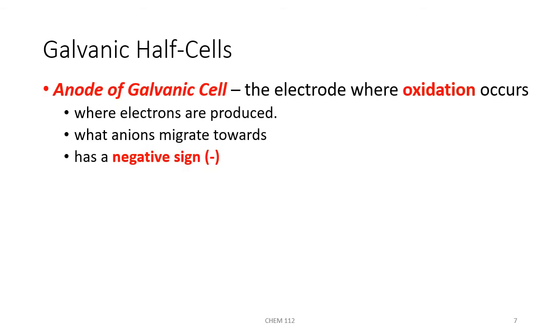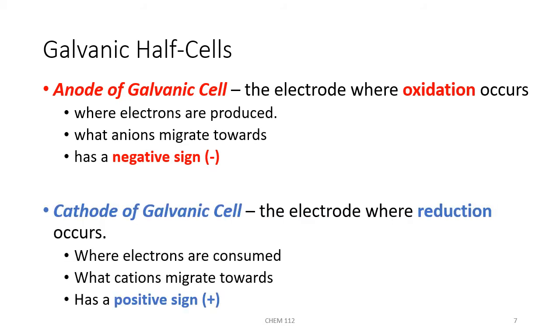Now remember, we just talked about electrodes. The electrodes in an electrochemical system are always identified by the names cathode and anode, and the names always indicate the chemical change occurring at that electrode. The anode of a galvanic cell is the electrode where oxidation occurs. So the anode in a galvanic cell is always where you will find oxidation.